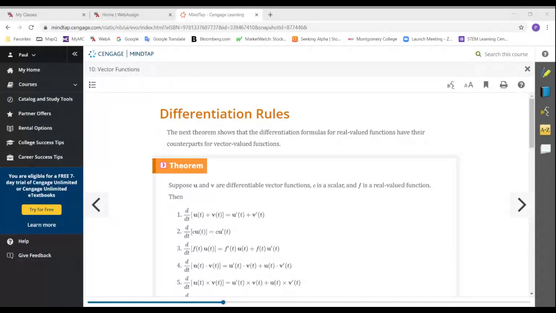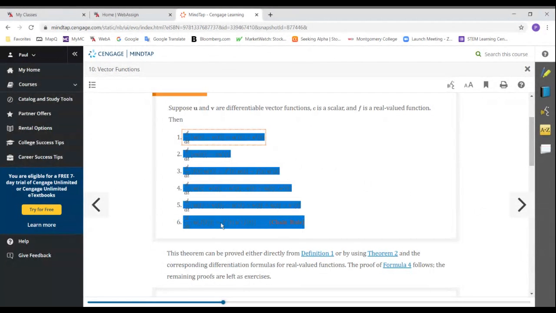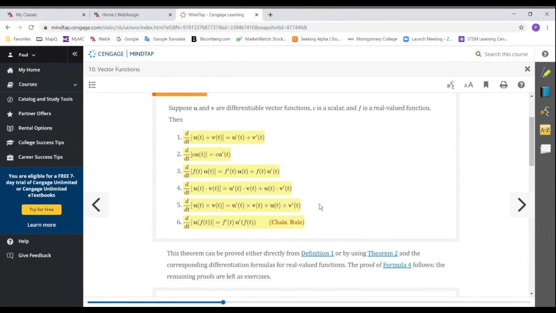Okay, so these are six rules that are true.